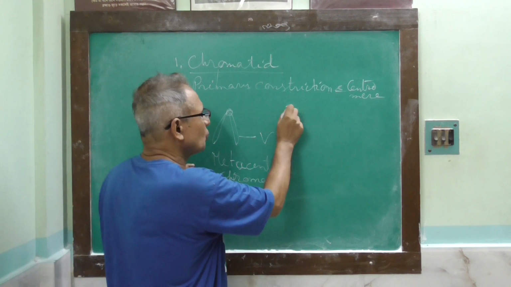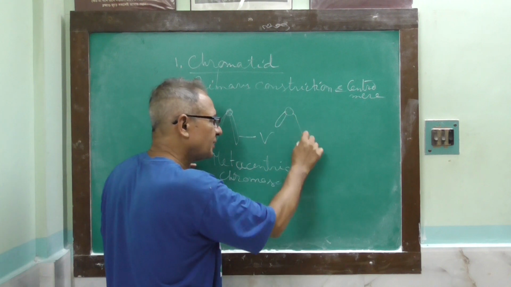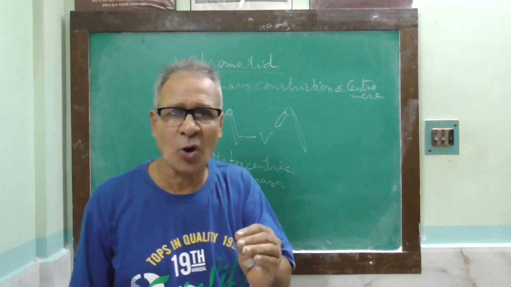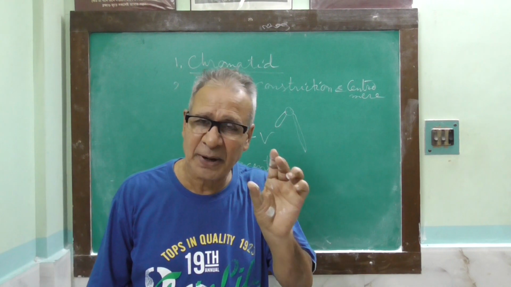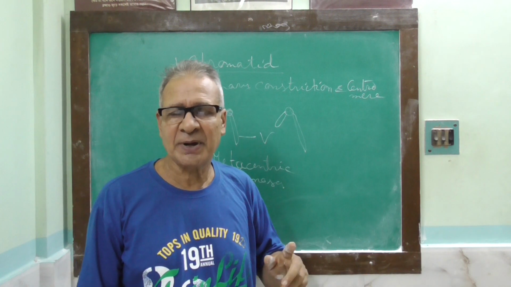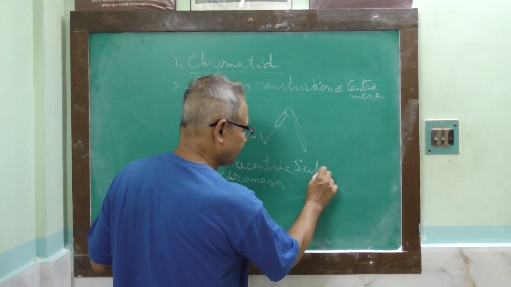If the centromere is situated slightly away from the middle on one side, so that one arm is long and the other comparatively short, it appears as an L during anaphase movement and is known as submetacentric.